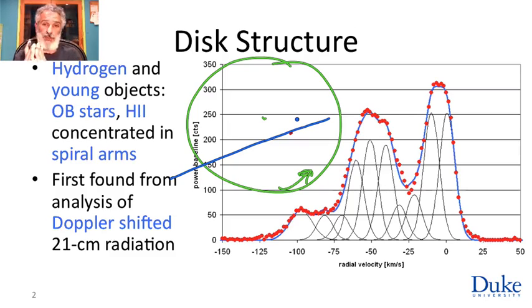And of course, relative to the sun's motion in its Kepler orbit, objects at different parts of the disk are moving, so there will be a Doppler shift associated to the relative motion of whatever is emitting the radiation relative to the sun. We can measure that Doppler shift, and what we find here is a spectrum of the observed 21 centimeter emission from a particular direction.